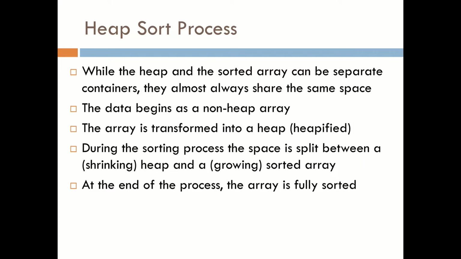So in nearly all cases, when you implement heap sort, you will implement it to share the space, and then just subdivide those n elements of the array into some part of it containing the heap and the other part of it containing the sorted array. Once again, we will make that clear in the example that we go over.